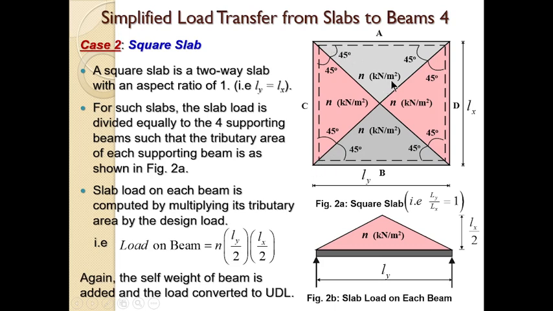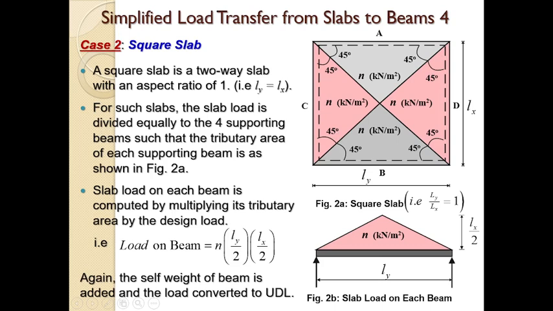So this tributary area is carried by this beam A, this tributary area by this beam B, this one by beam C, this one by beam D, and it's very simple. So the slab load on each beam is computed by multiplying its tributary area by the design load. Notice that because they are divided equally, the angle of these dividing lines is 45 degrees.